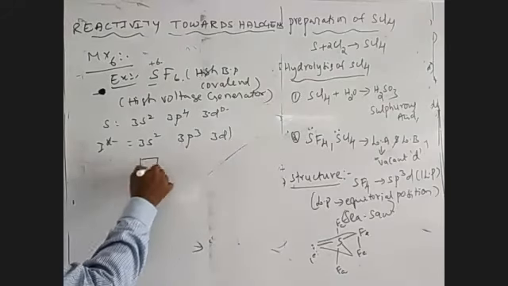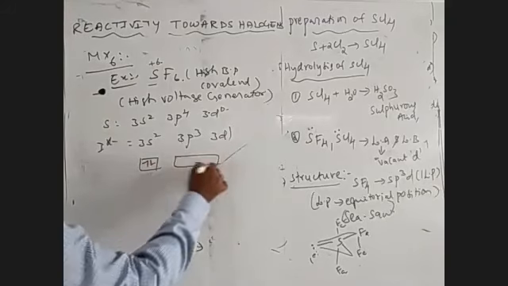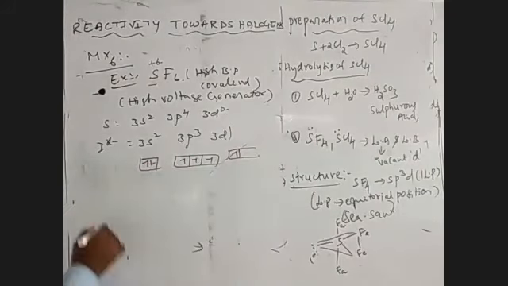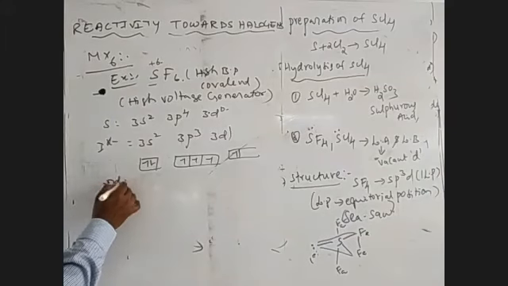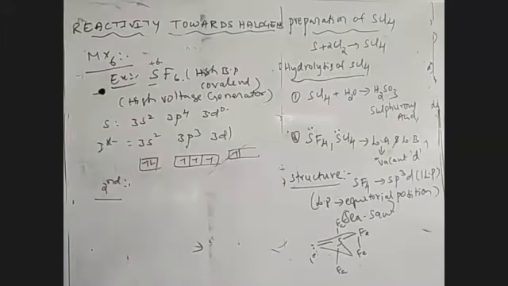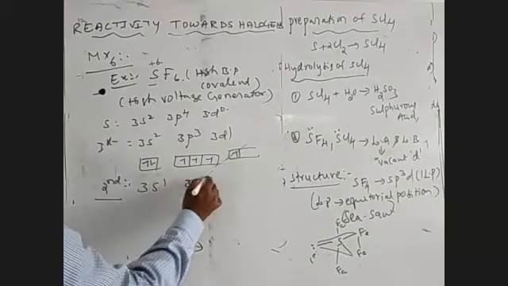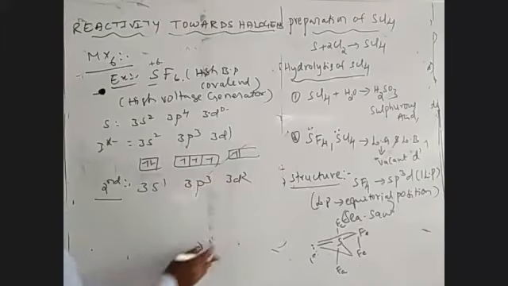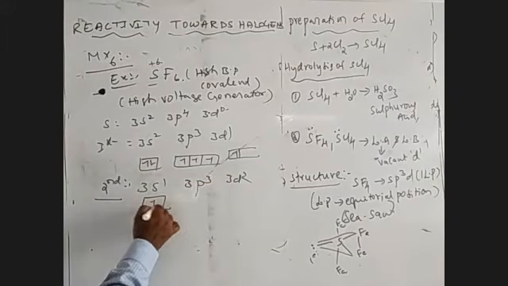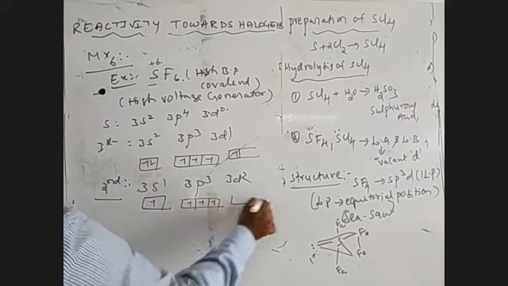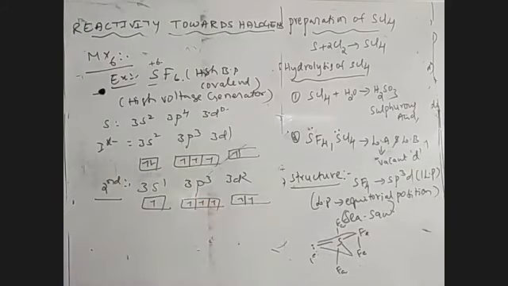So the s subshell contains 2 electrons, the p subshell contains 3, and the d orbital contains 1 electron. In the second excited state, an electron from the s subshell is also transferred into d, giving 3s1, 3p3 and 3d2.